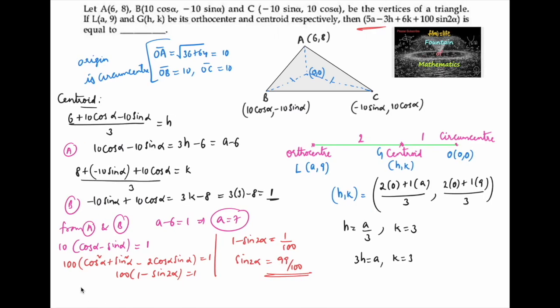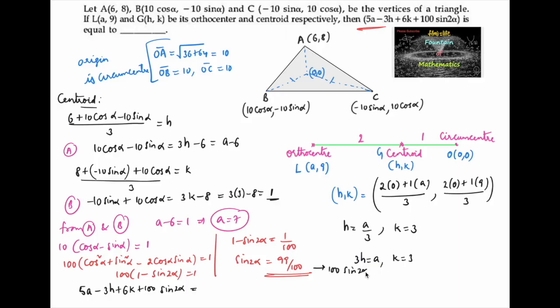Now let's find 5 times A minus 3 times H plus 6 times K plus 100 times sin 2 alpha. So we have 100 times sin 2 alpha is equal to 99.